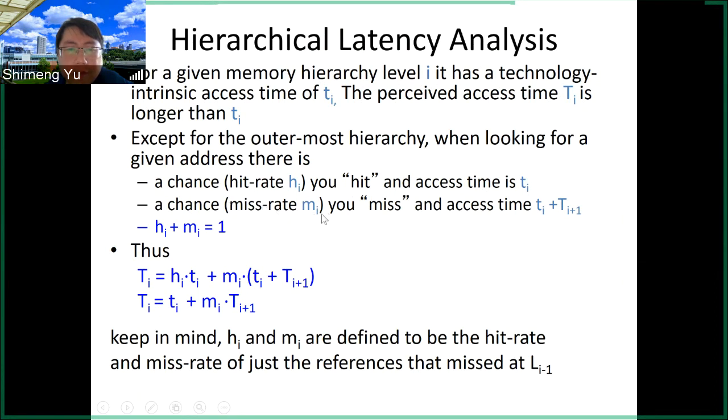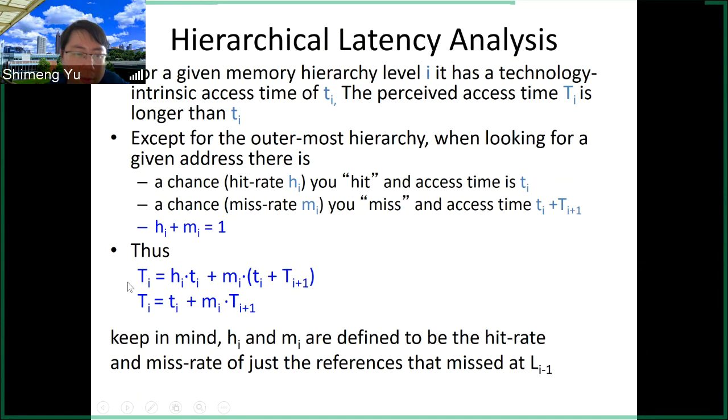That means you cannot find the data you want to use in the level I. That means probably your data is in the next level, level I+1. So you need to first look for the data, that is the small ti. If data is not there, then you need to look for the data from the next level. So you need to spend the perceived access time for the next level, big Ti+1.